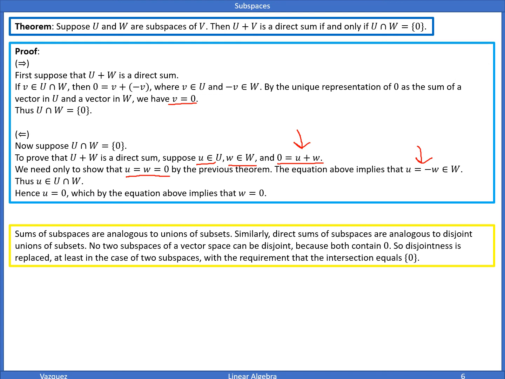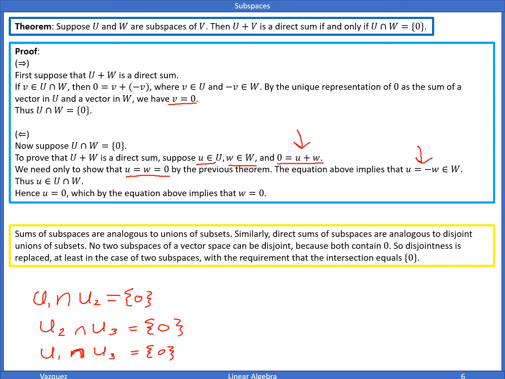So, for example, U1 intersection U2 equaling only 0, U2 intersection U3 only equals 0, and U1 intersection U3 only equal to 0.